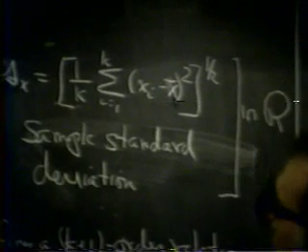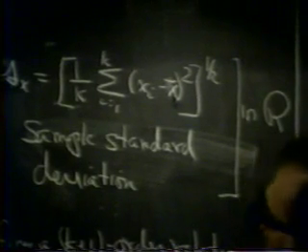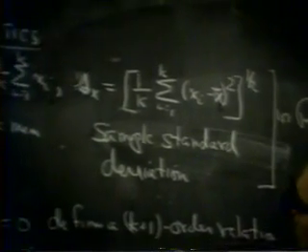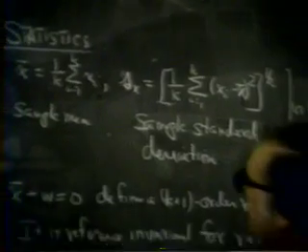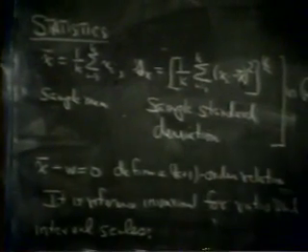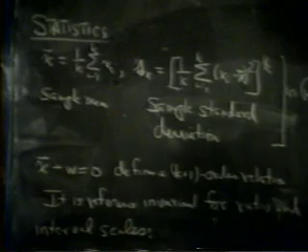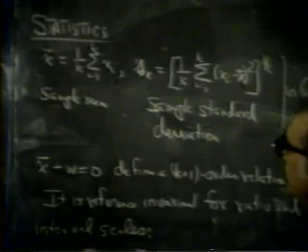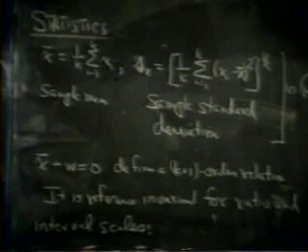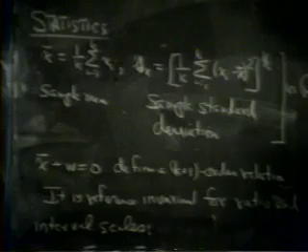Now, in Stevens's original discussion of these matters, he took the position that certain statistics were compatible with certain types of measurement, certain levels of uniqueness.